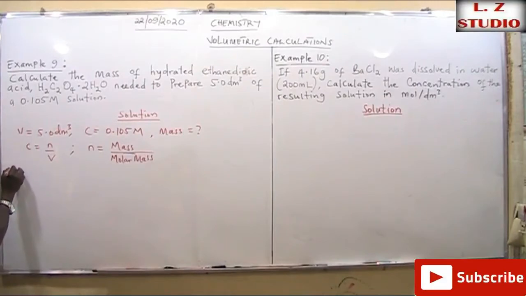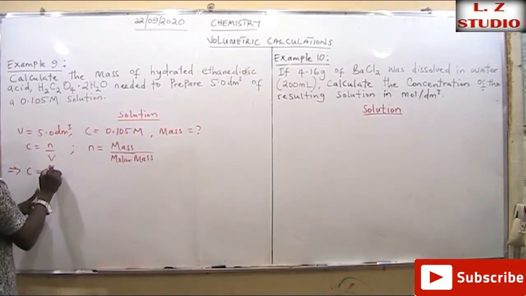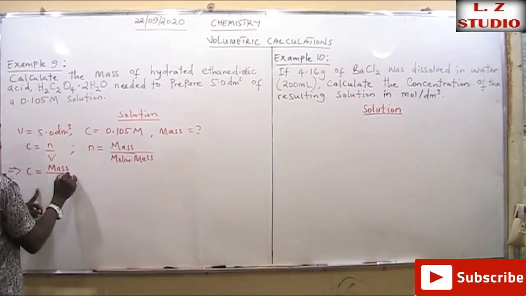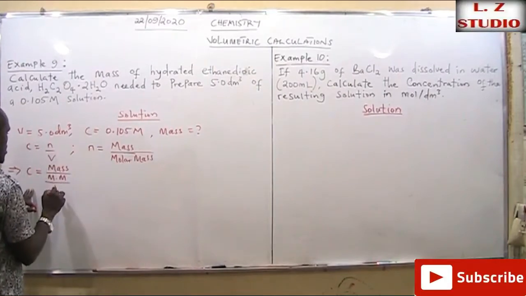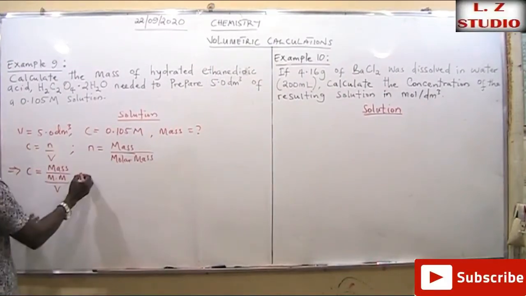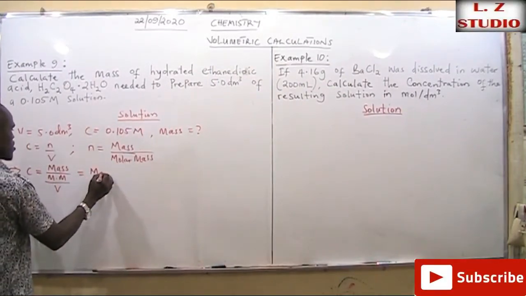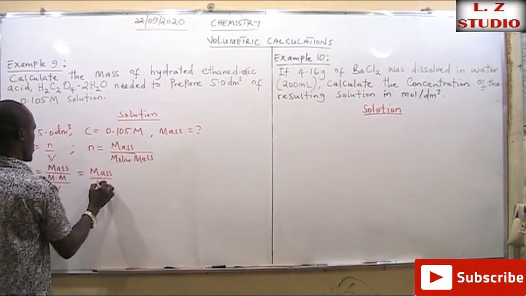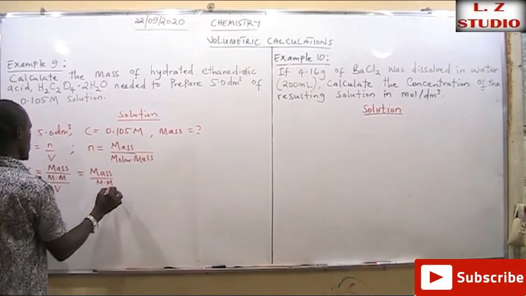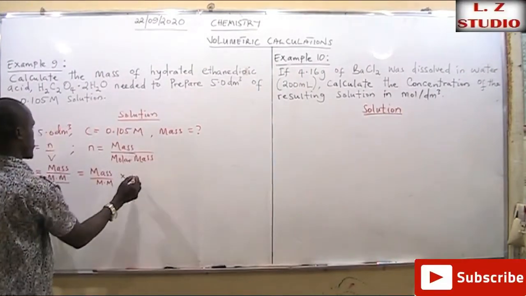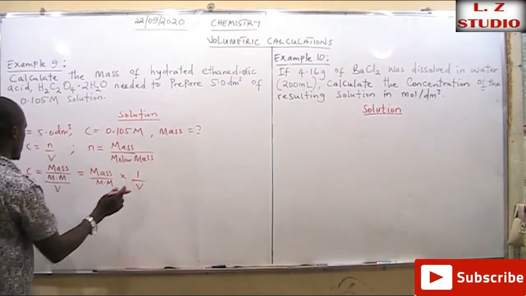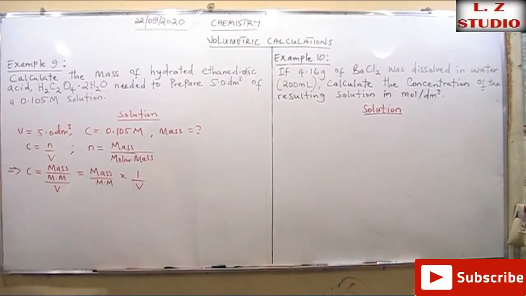So this implies that C, which is the concentration, is mass over molar mass all over V, which is equals to mass over molar mass times 1 over V. This is exactly what we are going to have.